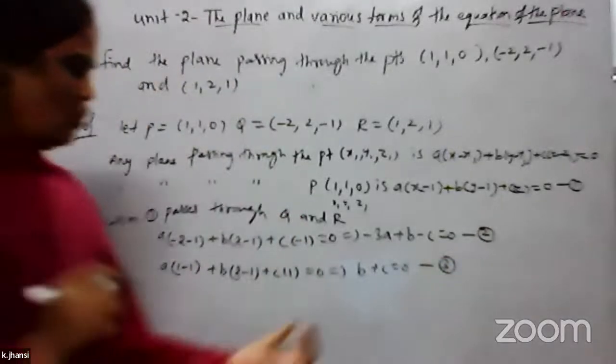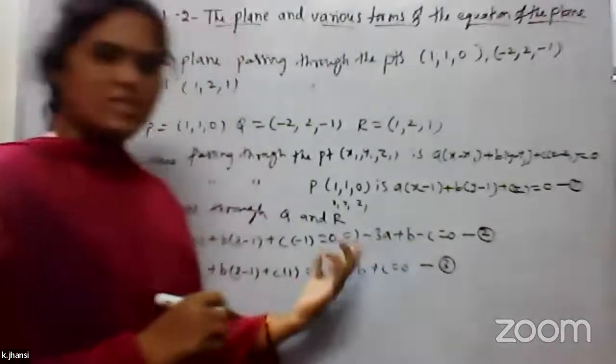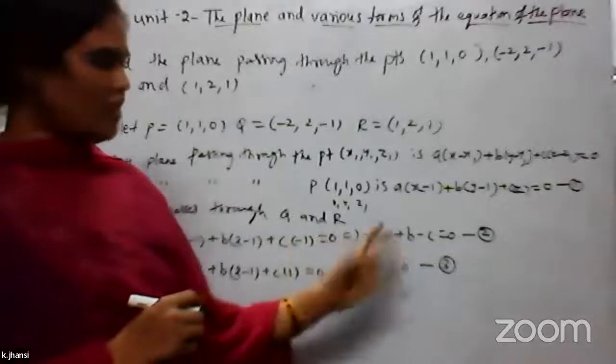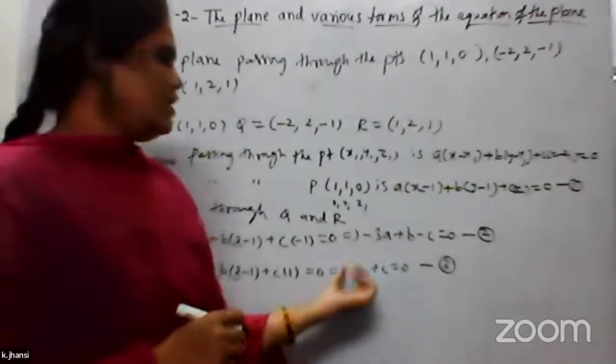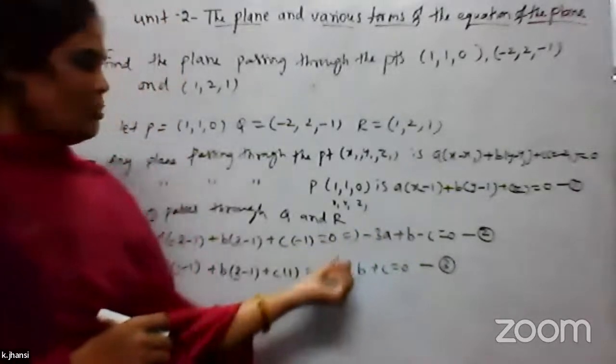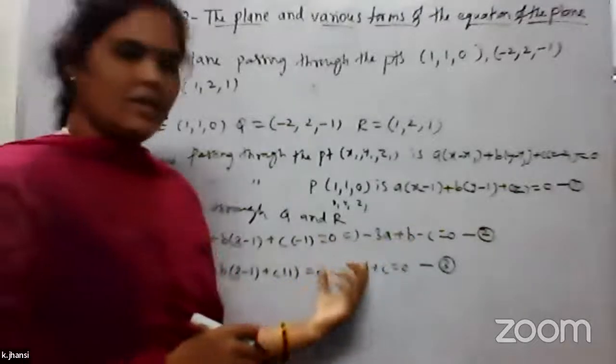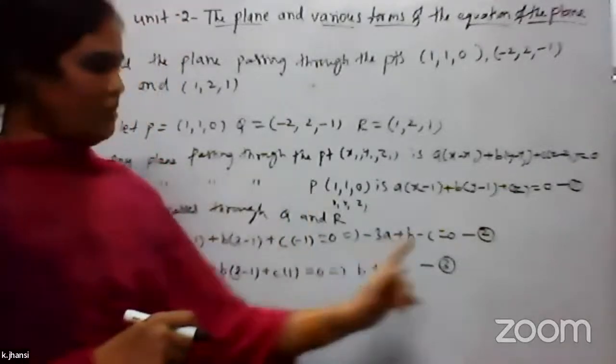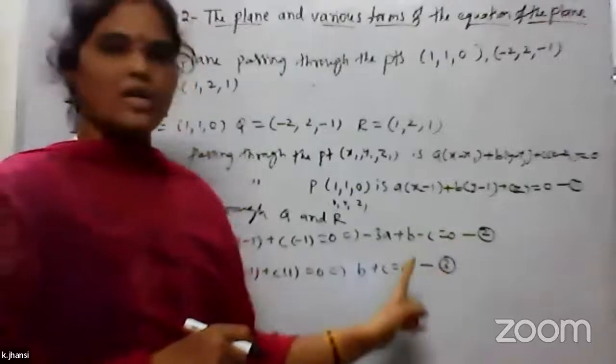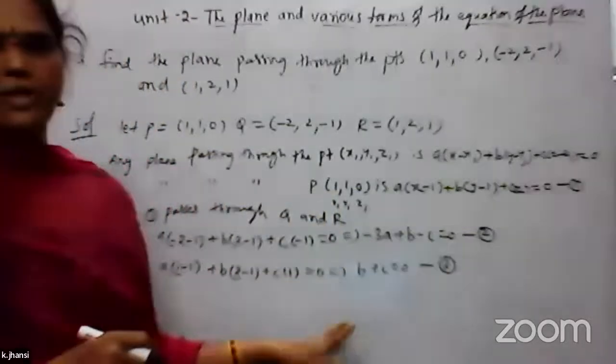You can solve 2 and 3 to find the a, b, c values, by the normal method of solving, or with the help of the cross multiplication method.